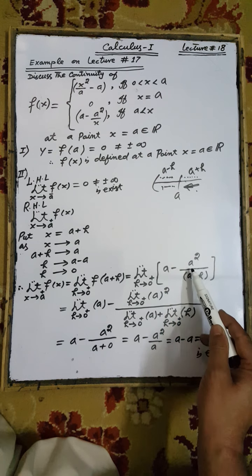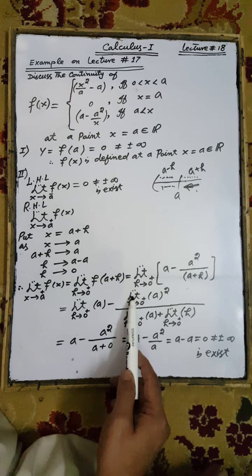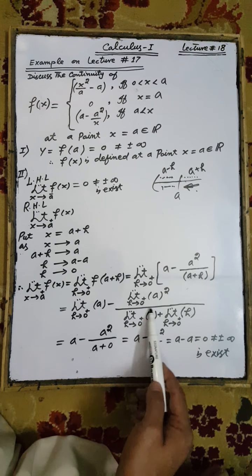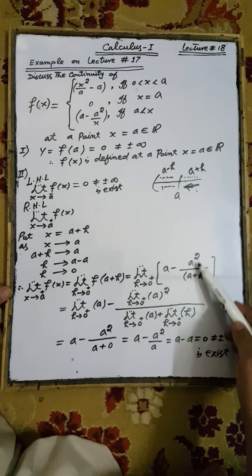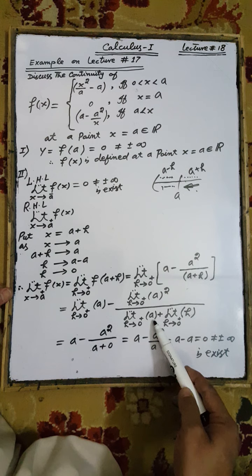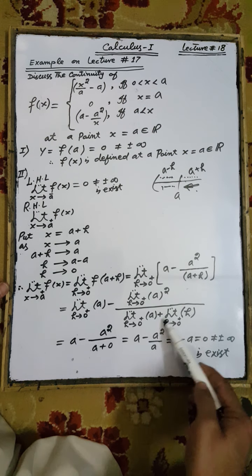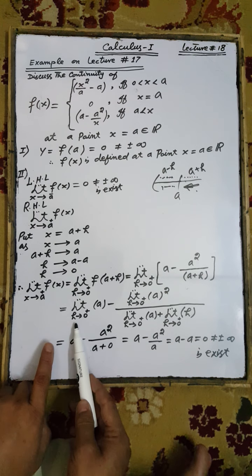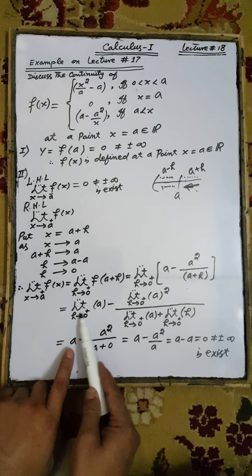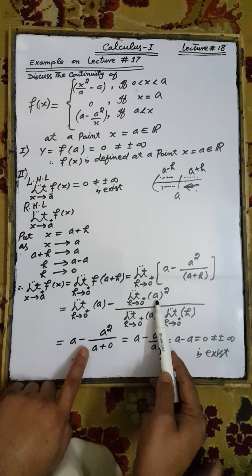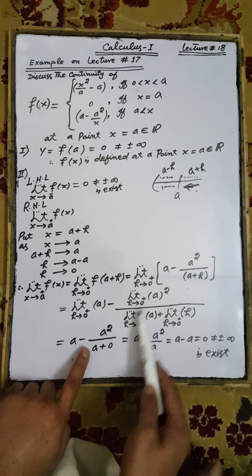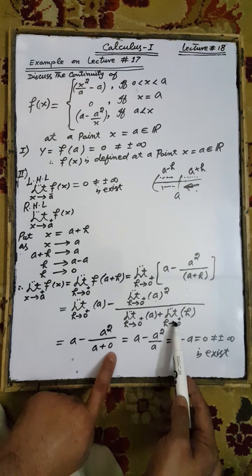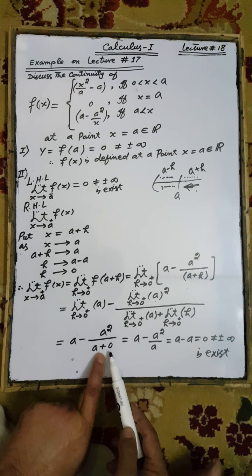Apply limit to one function and another function. The limit when h tends to 0 through the right side of a, minus limit h tends to 0 through the right side of a square, divided by limit h tends to 0 through the right side of a plus limit h tends to 0 through the right side of h. The a with respect to the limit sign is constant. The limit of a is equal to a, and a square with respect to the limiting value is constant, which is equal to a minus a square divided by a plus the limit when h tends to 0 of h is equal to 0.